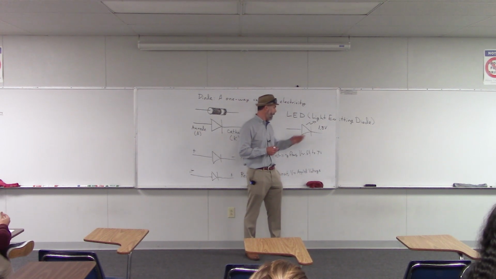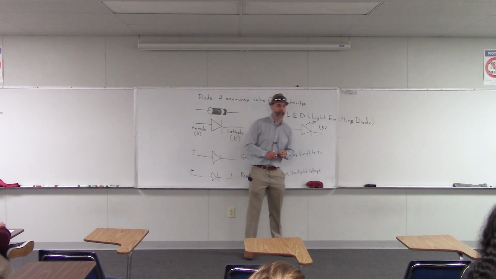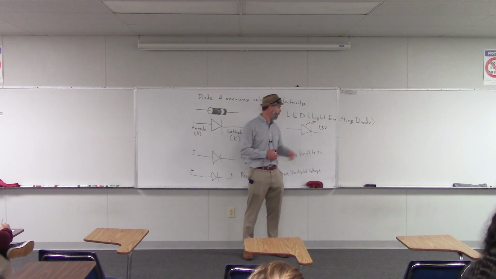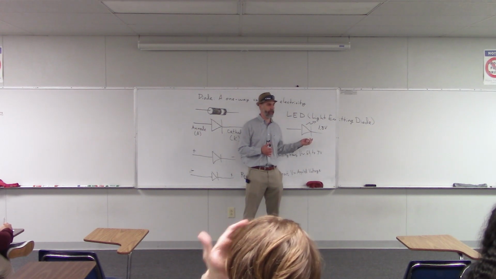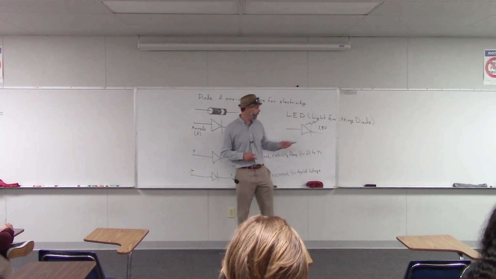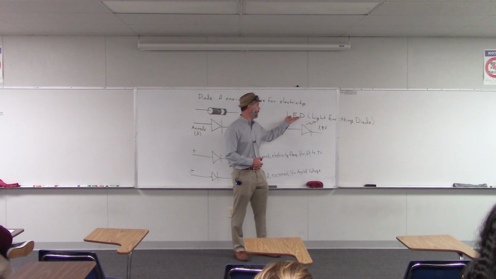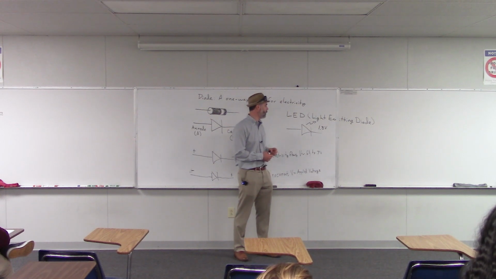So a red LED might have about 1.8 volts, a blue LED might have closer to 2 or 3 volts, and some of the purple ones might get up into 4 volts or even higher. So that forward bias might be different depending on what color of LED you have.